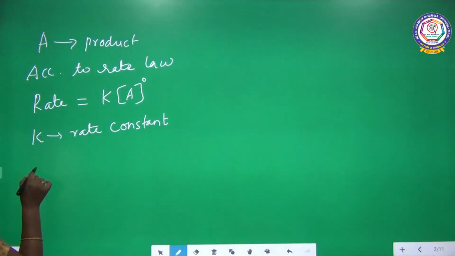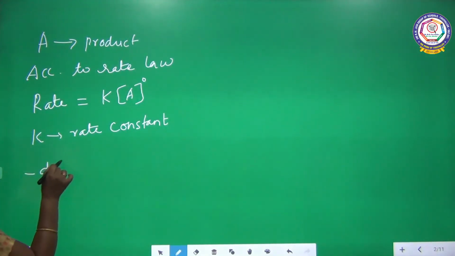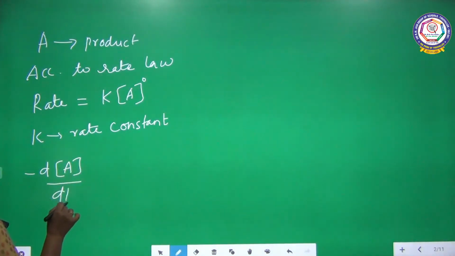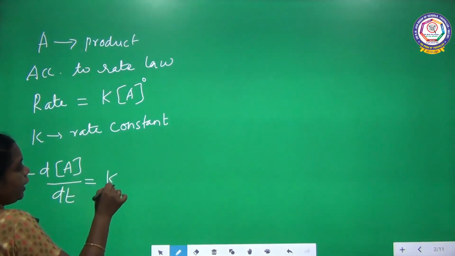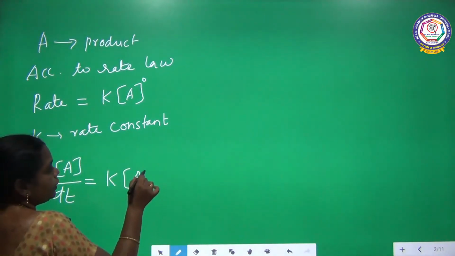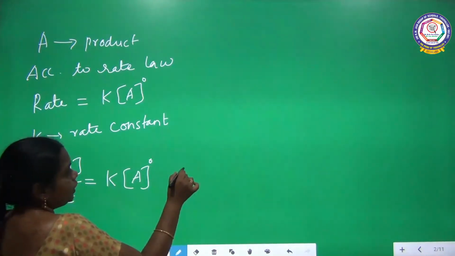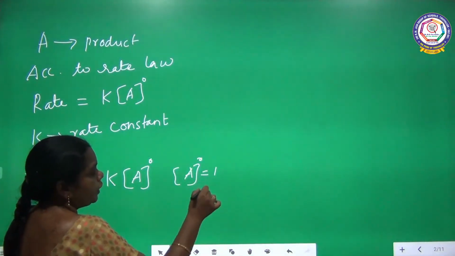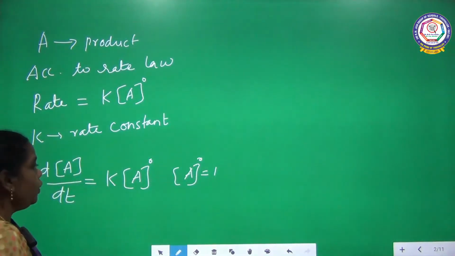Then the rate equation can be written as decrease in concentration of the reactant by change in time equal to K into concentration of A to the power 0. So, A to the power 0 equal to 1, anything to the power 0 equal to 1.